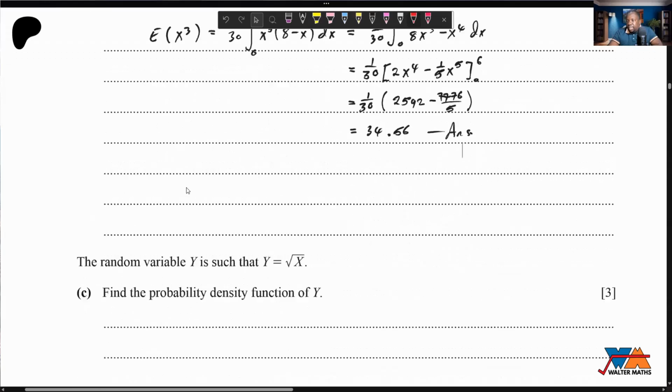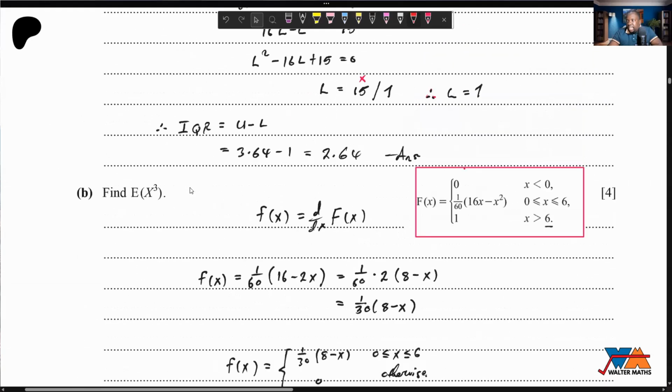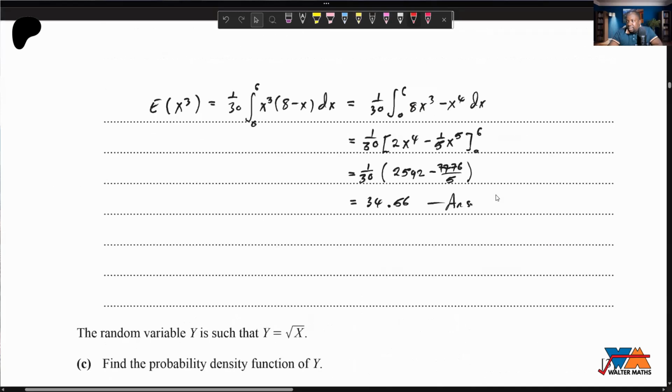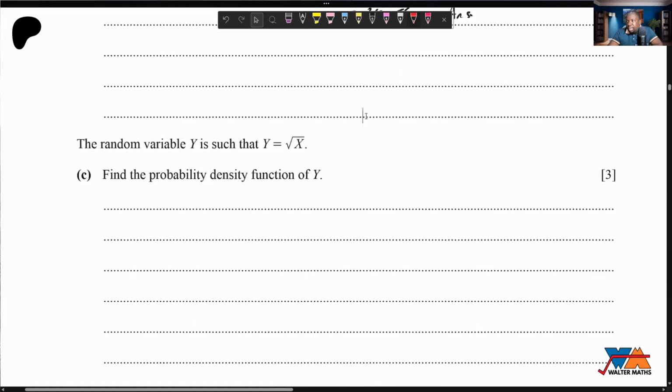So we need to find the CDF, and here it is. That's the CDF of f. I'm just going to place it here so we can see it.